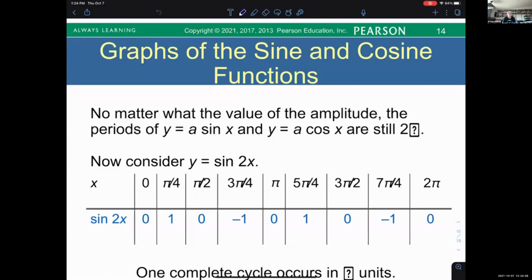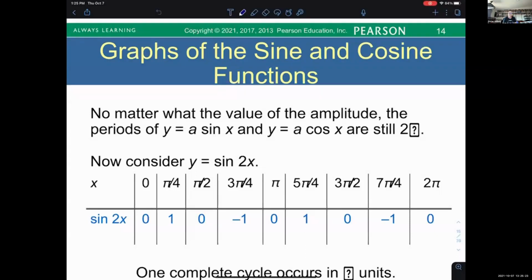So they show you could do this with a table of values. And what you'll see is that you reach the values you used to reach sooner than you would have before. Before, the sine function gets to the top of the bump when I get to pi over 2. And at pi over 2, the top of the sine function would be up at a 1. But now that happens at pi over 4.